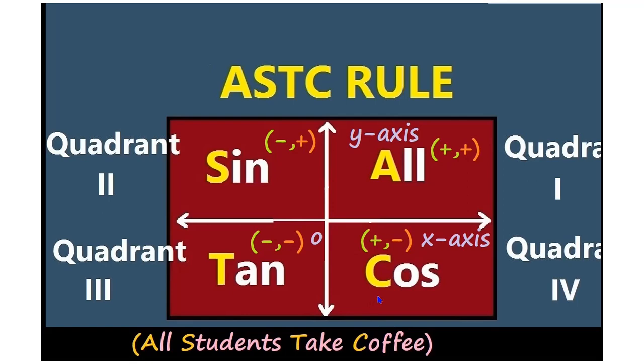This is called the ASTC rule. A for all, S for sine and its reciprocal are positive, the remaining are negative. T for tan and its reciprocal are positive, the remaining are negative. And C for cos and its reciprocal are positive, the remaining are negative.